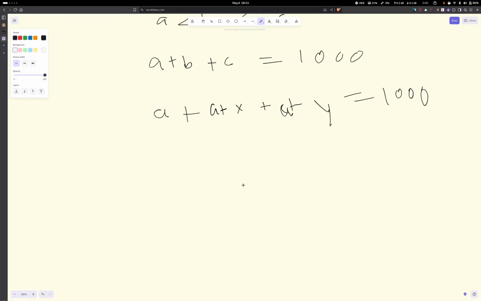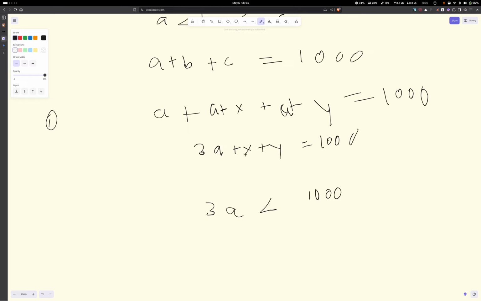So A has to be at least 1. We know that. It can't be 0. So 3A plus X plus Y. Now, whatever the value of these, what we can say is 3A is less than 1,000, right?